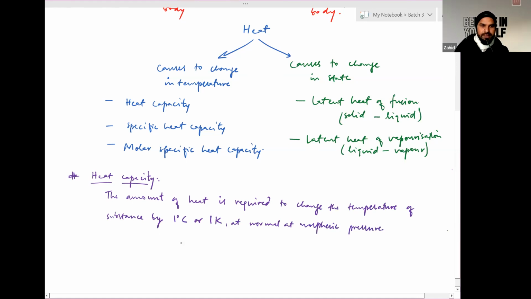So heat capacity Q equals S times delta T. This S is called heat capacity or simply the heat capacity constant. Its SI unit related to this formula will be joule per Kelvin.